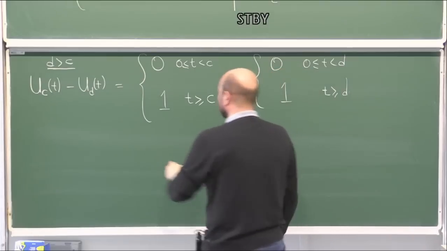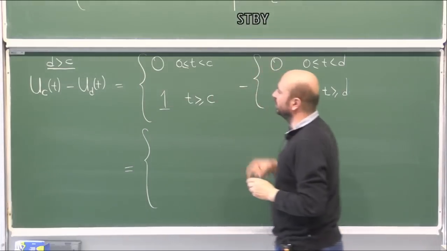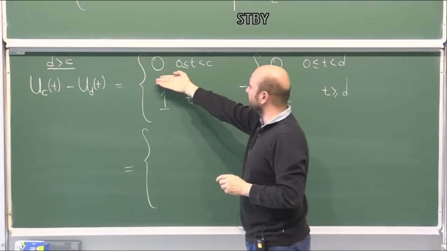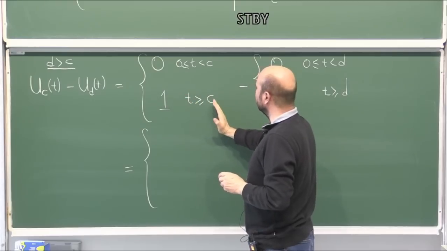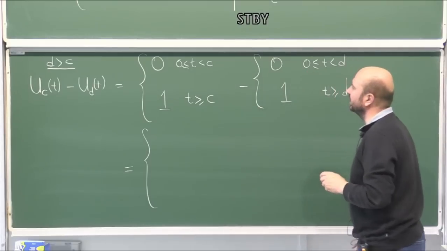And then what do we see now? As you see here, there are two important numbers, c and d. The first signal comes as 0 until c, and then it continues as 1 after c. The second comes as 0 until d, and after d it continues as 1.